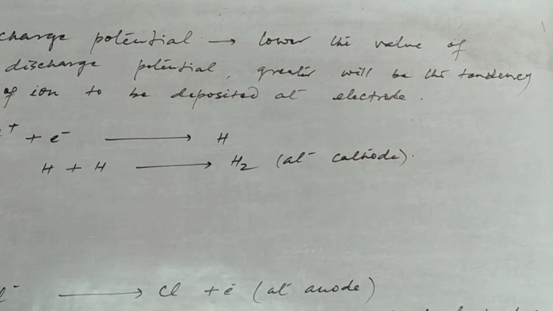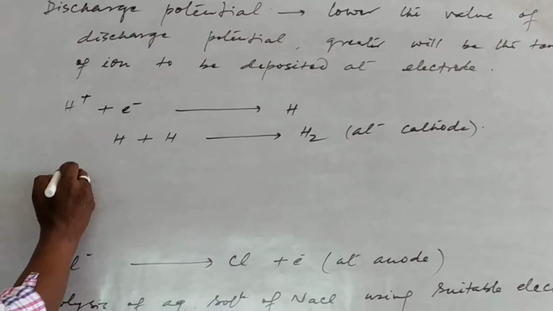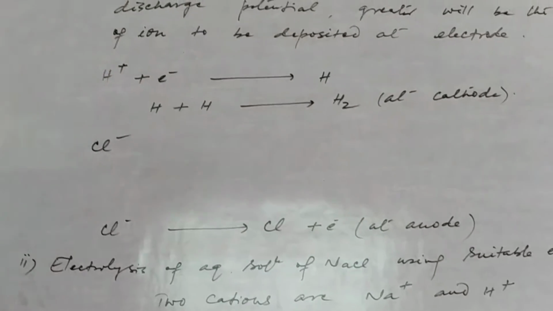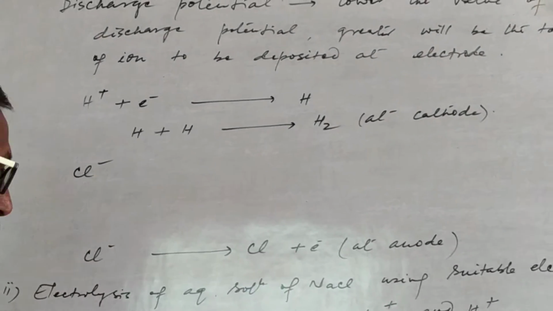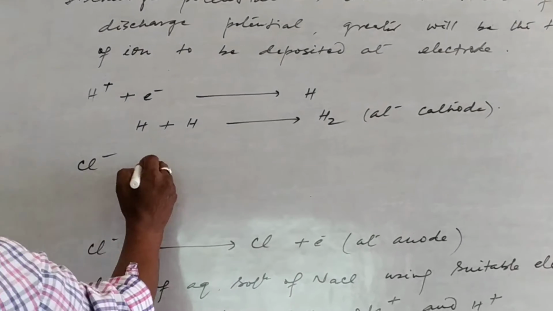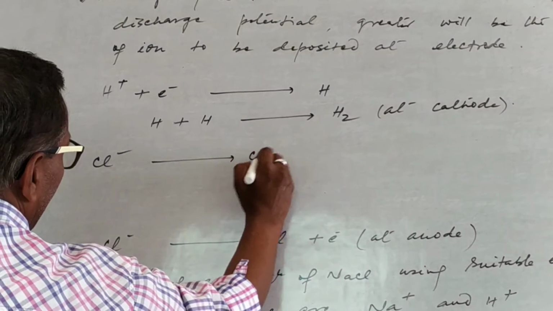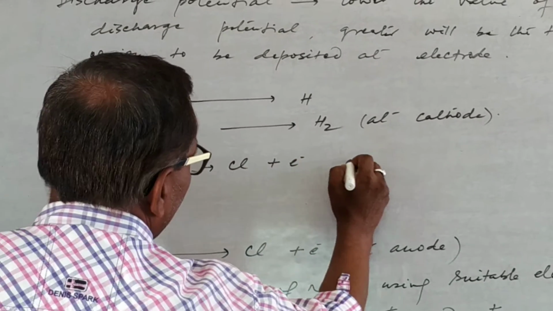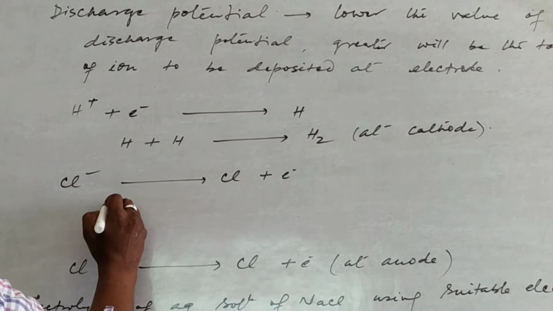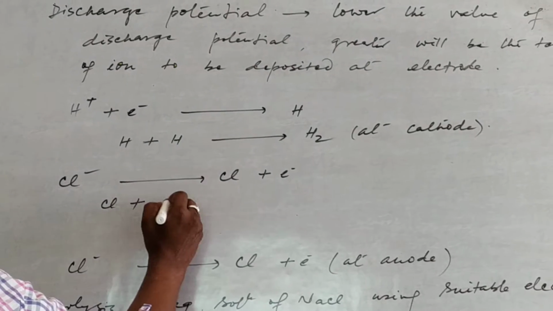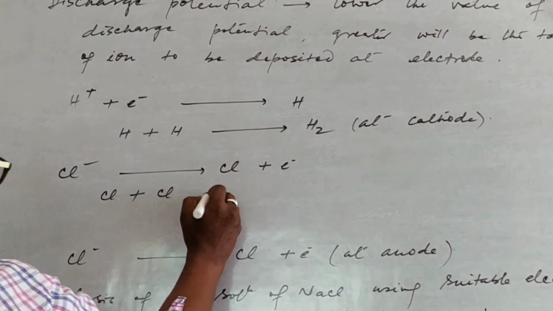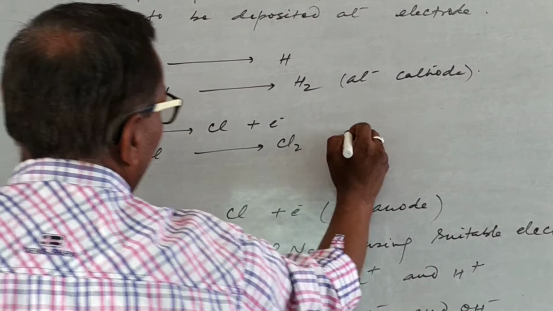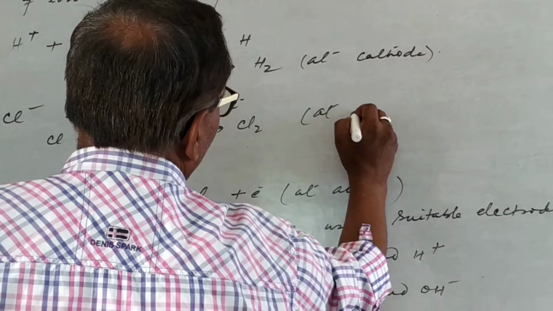Similarly, here Cl− has lower discharge potential and it can be collected at the anode by losing one electron, and this Cl again combines with another Cl to form a stable chlorine molecule at the anode.